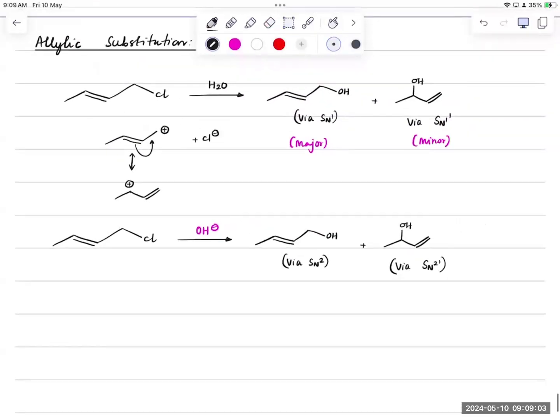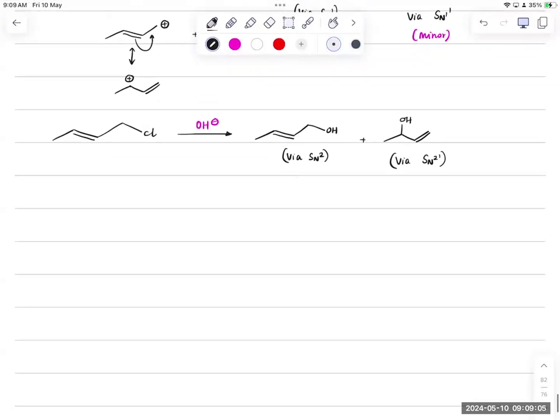The idea is the same. This time OH minus will attack this position, pi will move here, and Cl minus will leave. And remember, the major product in this case will always be SN2 prime. So this is the major product and this is the minor product.